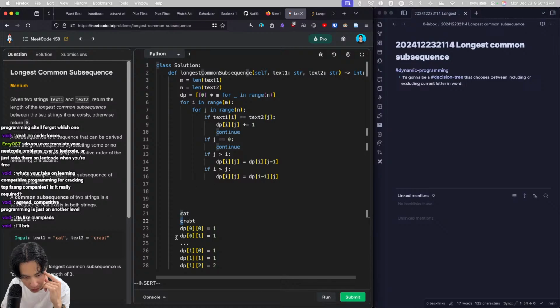If i is greater than j, and they don't match, but this doesn't check for whether it's consumed or not.